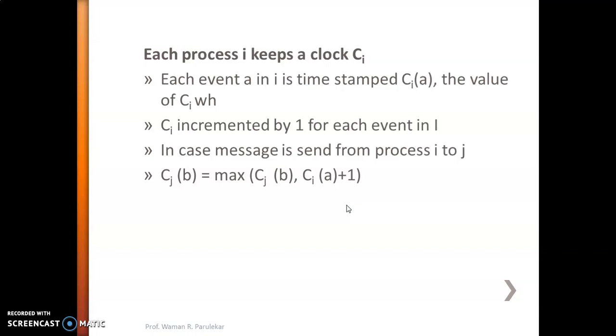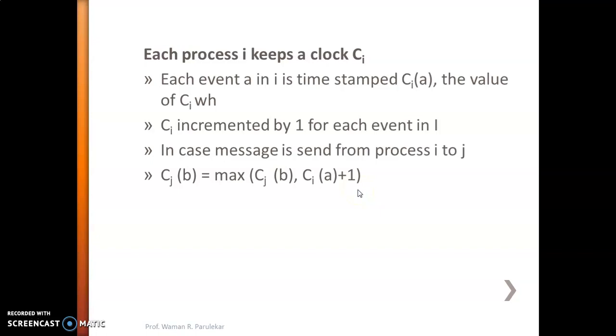But if you send a message from an event of one process to an event of another process, then you need to use this formula. The formula is very clear. C(j) for B, that is the receiver's timestamp or counter, is equal to the max of C(j) for B, that is the receiver's current value, and C(i) for A, that is the sender event's timestamp, plus 1.